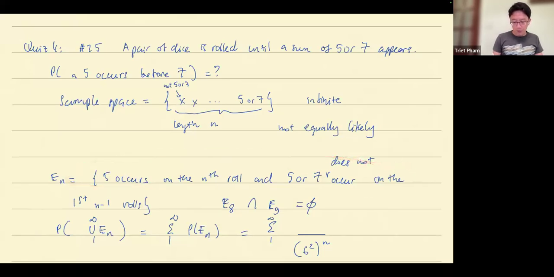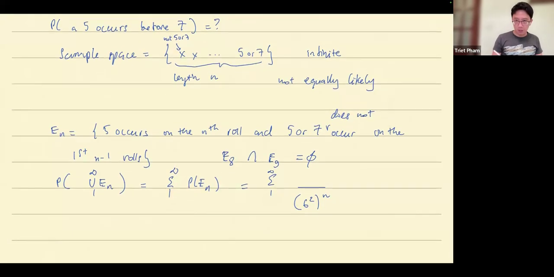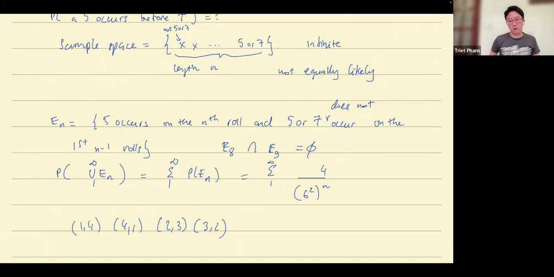Well, how many ways out of 36 possibilities for a sum of 5 to occur? A sum of 5 comes from 1, 4, 4, 1, 2, 3, 3, 2. So that's 4 possibilities for the last row. For the previous ones, we don't want it to be a 5 or a 7.